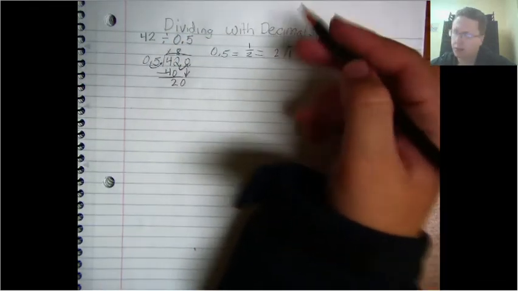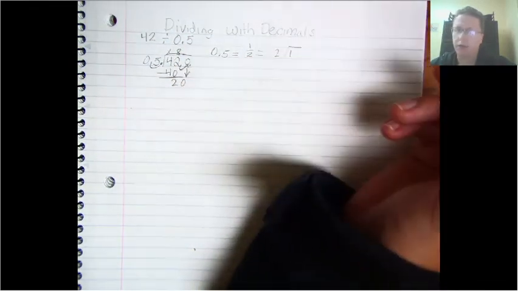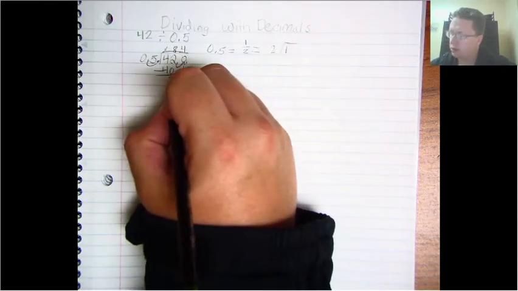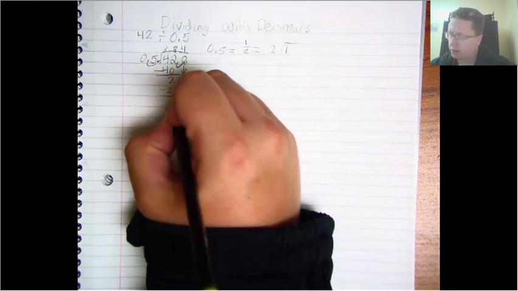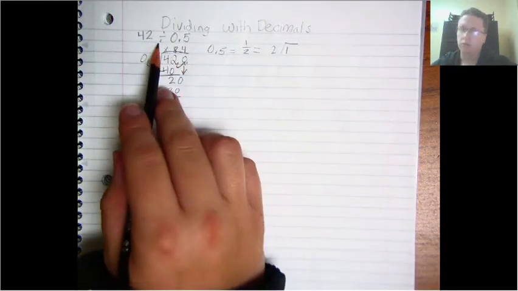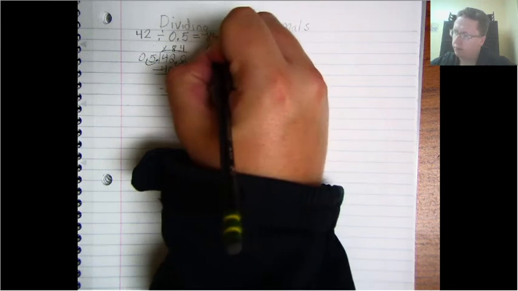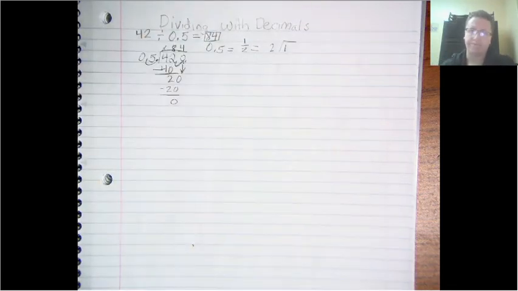Now, how many times can 5 go into 20? It goes in 4 times, evenly. So 20 minus 20 is 0, and the problem is solved. So 42 divided by 0.5, or 1/2, is equal to 84, and your answer is 84. That's how you divide by decimals.